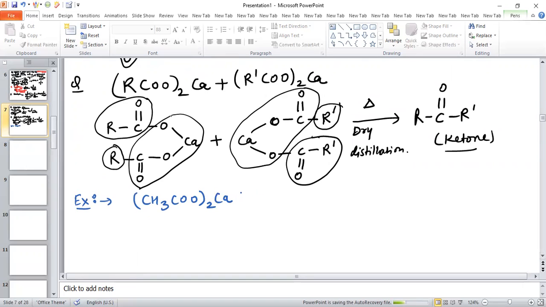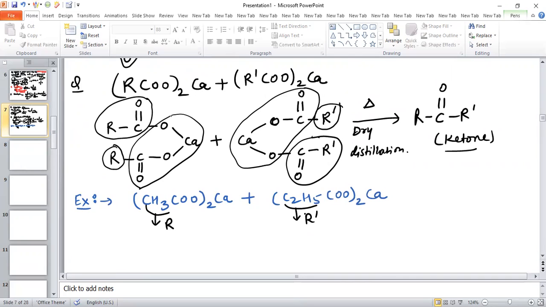And in this way, you can also add a compound like C2H5COO twice calcium. So you can easily identify this is basically the R group and this is basically the R dash group.